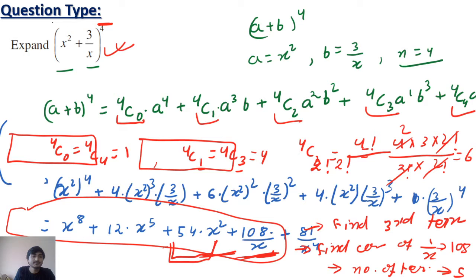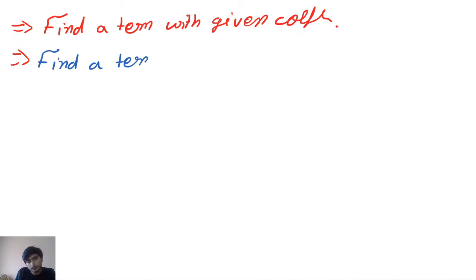Next, what they can ask: find a term with given variable. Okay, so like they can ask you to find the coefficient of x square or 1 by x or anything as such.